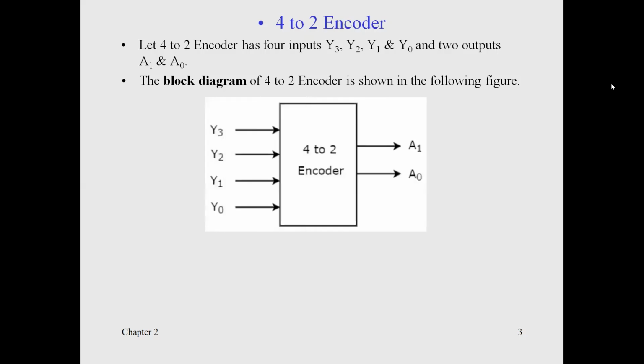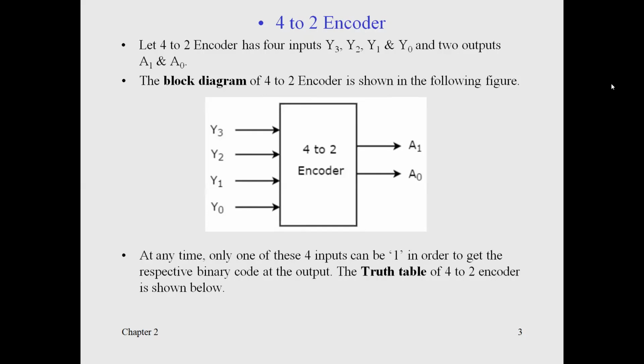So this is a block diagram of 4:2 encoder where there are 4 inputs, Y3, Y2, Y1, Y0 and 2 outputs, A1 and A0. At any time, only one of these 4 inputs can be 1 in order to get the respective binary code at the output. The truth table of 4:2 encoder is shown below.